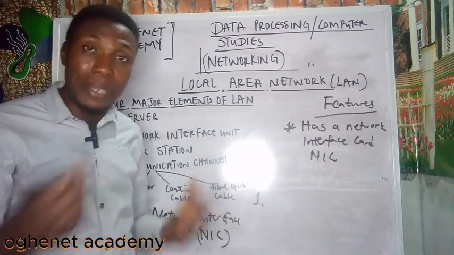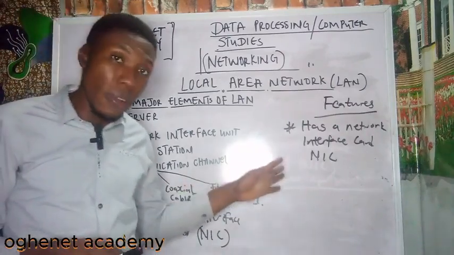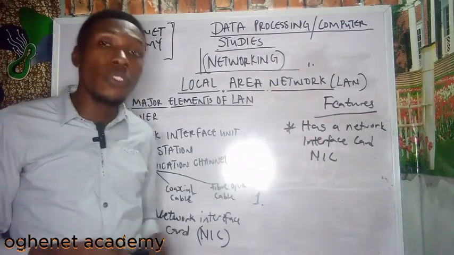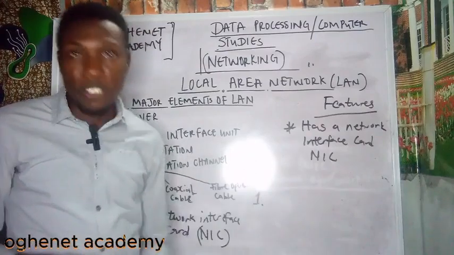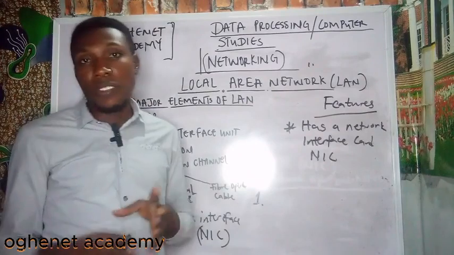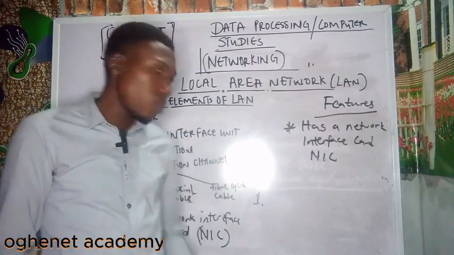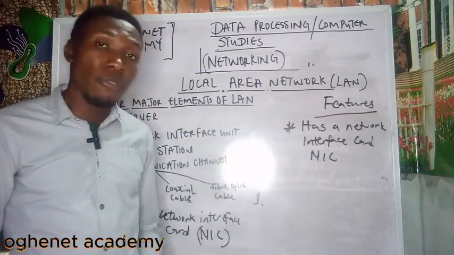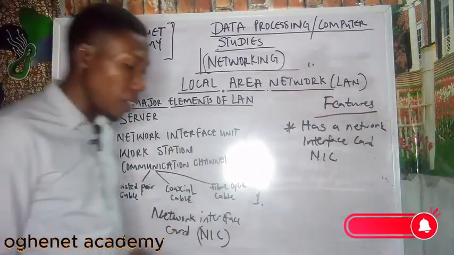From the last tutorial I told you that it can be inserted into the server. And from this now you also know that the NIC can also be in the workstation, just as it is in the server. So this is one of the features of the workstation. It has a network interface card.